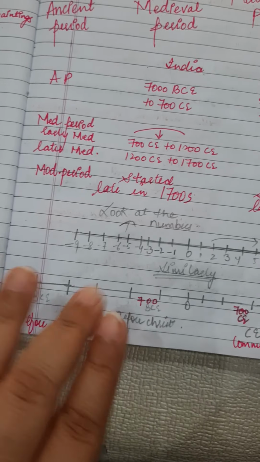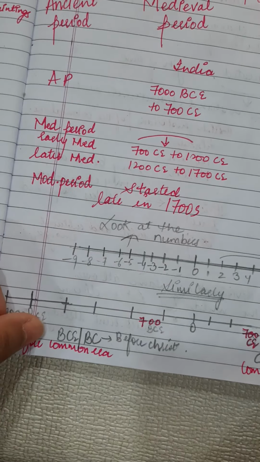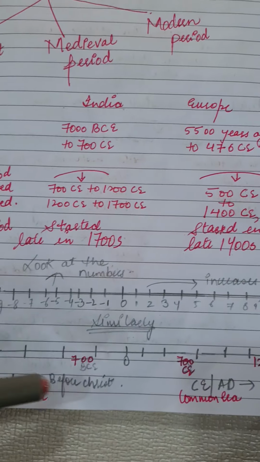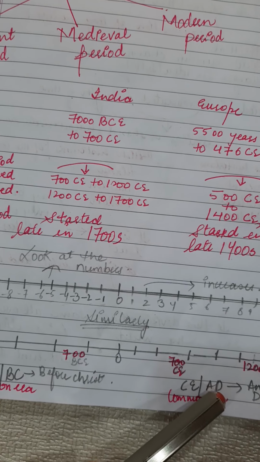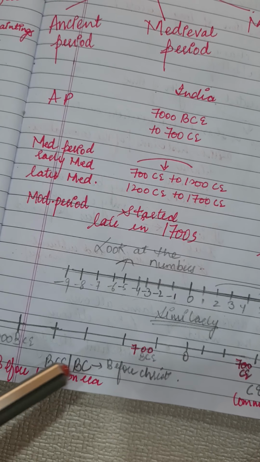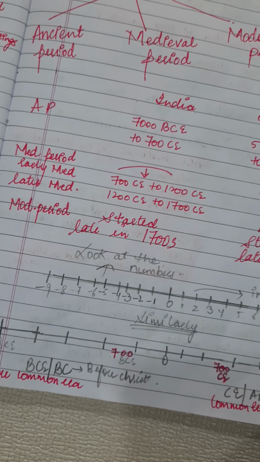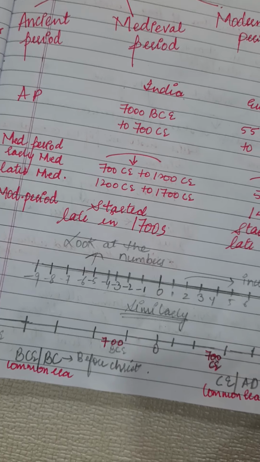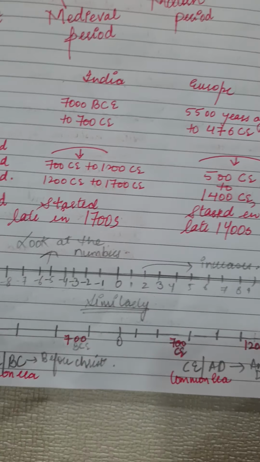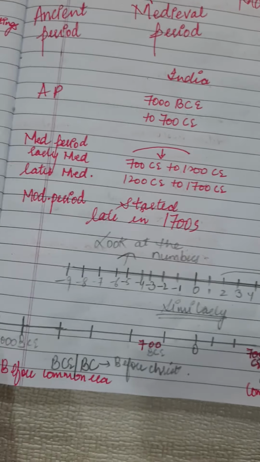Similarly, in a timeline, this area is considered BCE and this side is considered CE. AD is the same as CE and BC is the same as BCE. BC simply means before Christ, AD means Anno Domini, which you need not consider. We are going to take BCE and CE, which mean Before Common Era and Common Era.